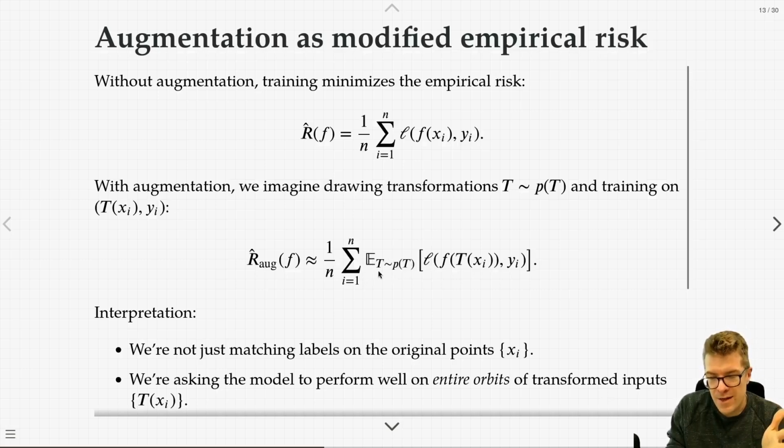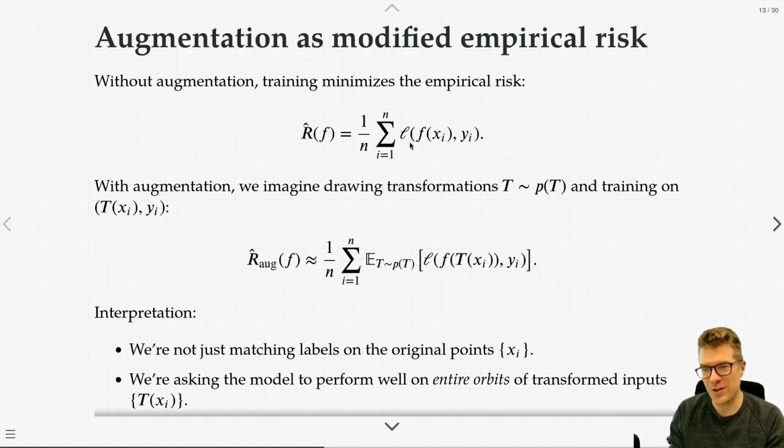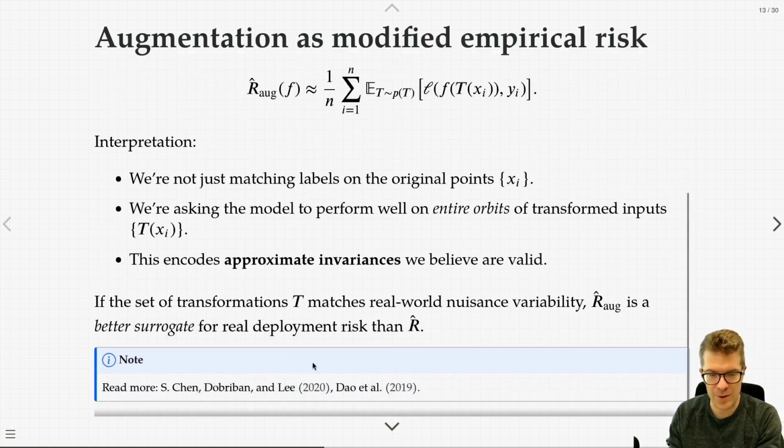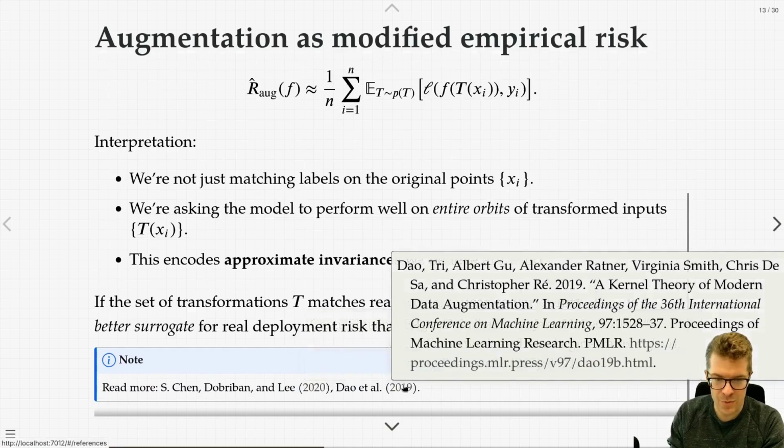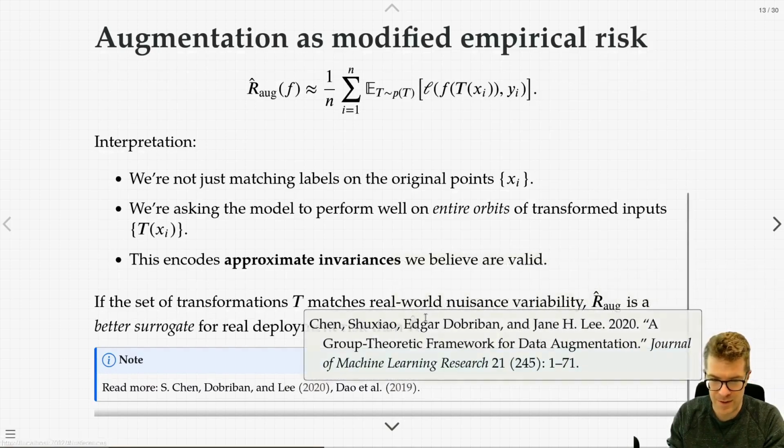Even though that has the nice quality of representing real-world variability, you can't use the augmented empirical risk alone. You still want to combine the two risks, because the first is real data that you actually observed, and the second is still synthetic data that we can never be too certain about. Here are some recent-ish papers you can dig into that talk about kernel theories of modern data augmentation and so on.